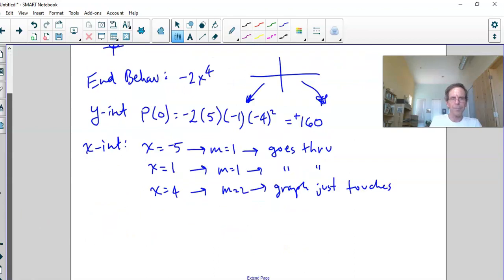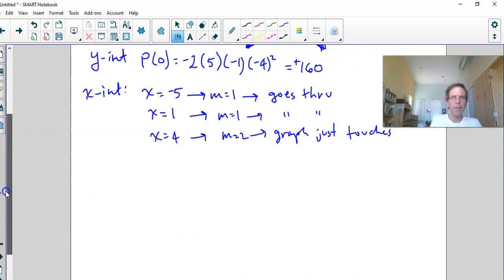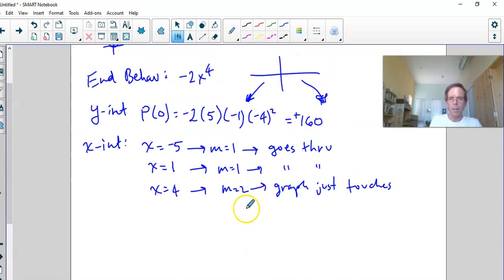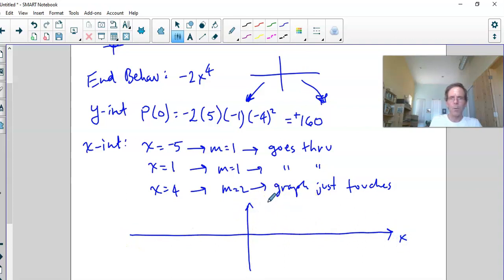All right, let's graph this thing. So here's x, here's y. What was our y-intercept? It was really high up there, but again, I'm going to be scaling a lot. This is our 160 there.